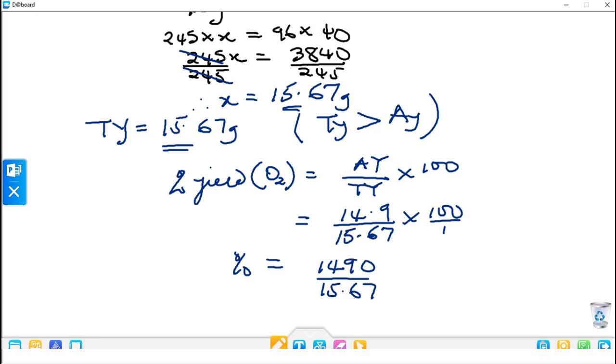And our percent yield of oxygen, therefore, will be 95.08 percent. That is our percent yield of oxygen. So this is what our percent yield is.